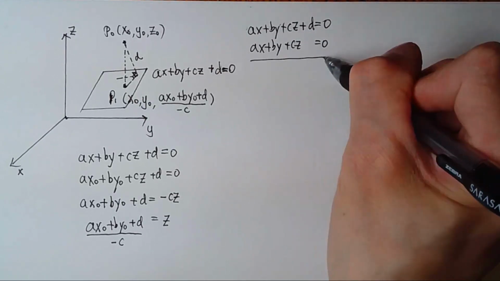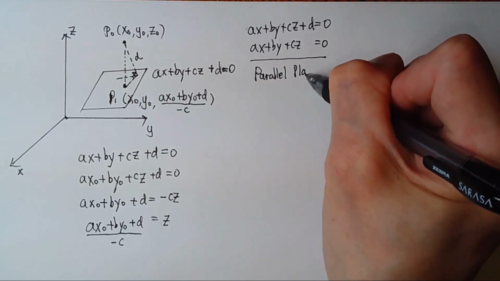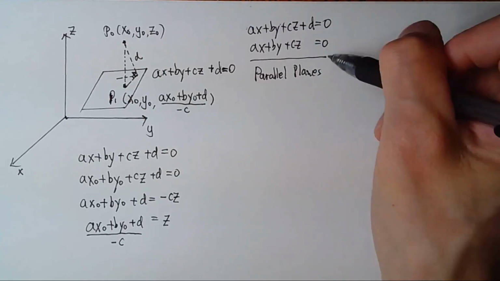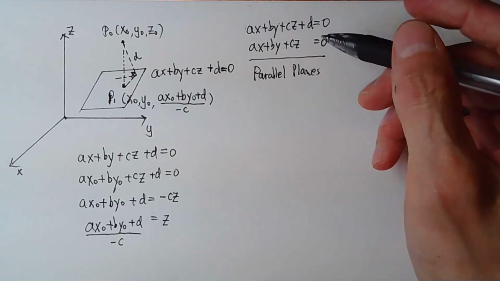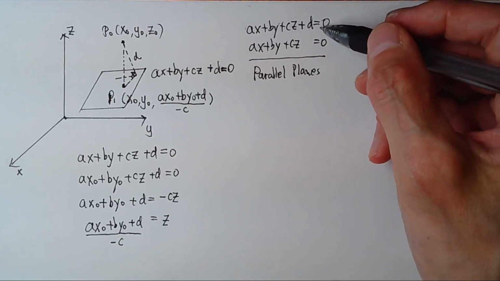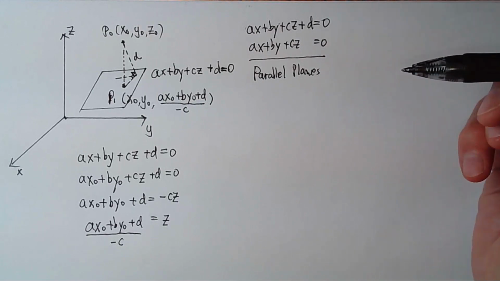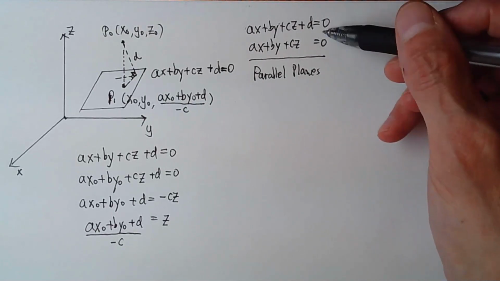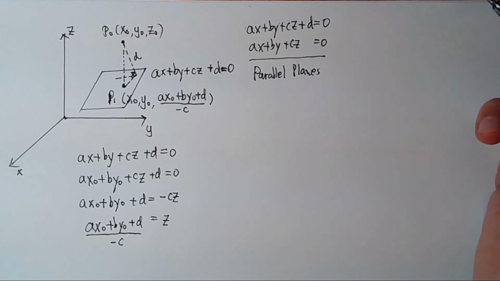These two are parallel planes. If you try to solve the system, if d is not equal to 0, then you will have a contradiction. That means you cannot find an intersection point between these two equations. So they are parallel planes.